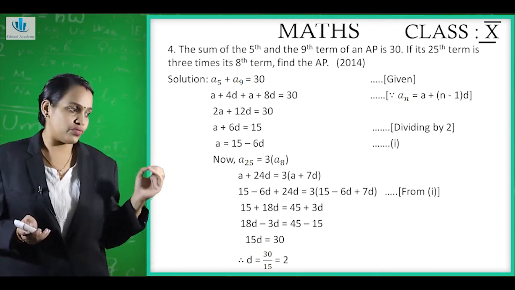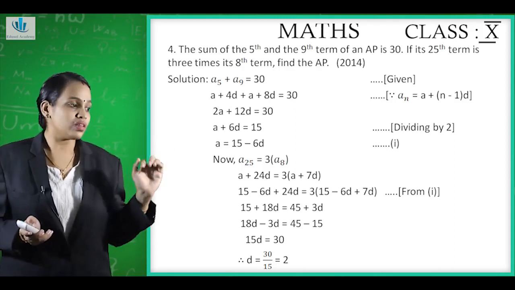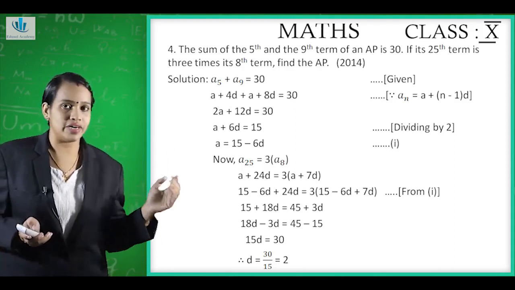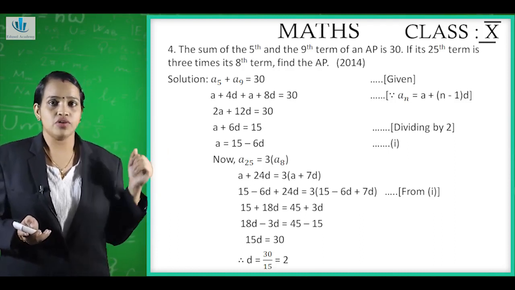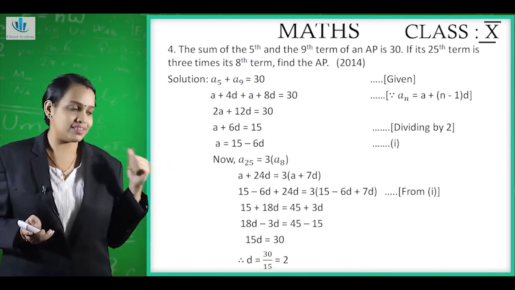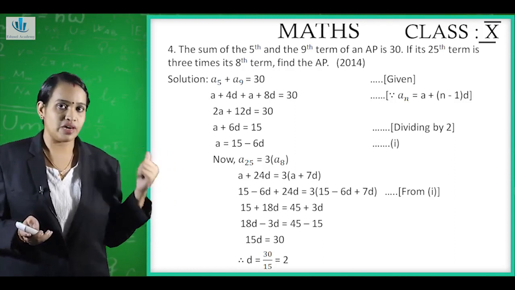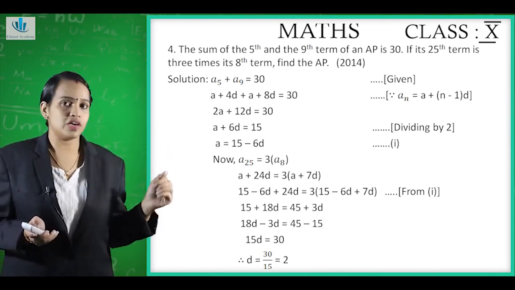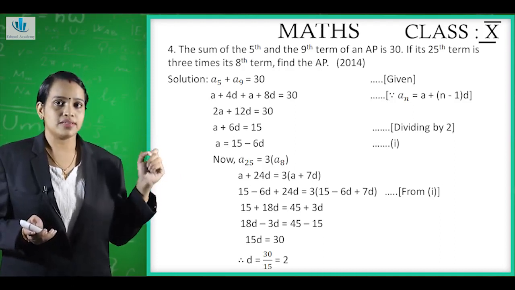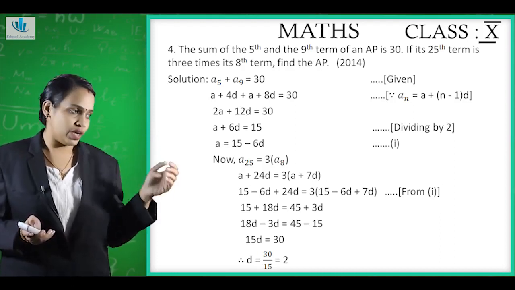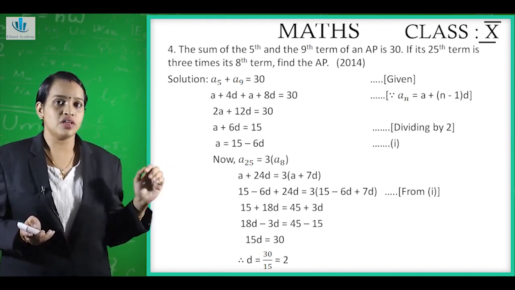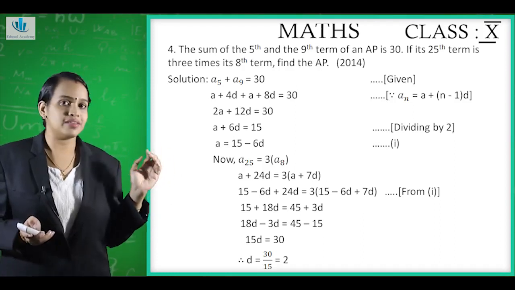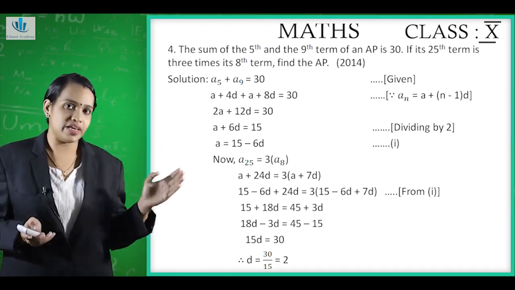A plus 24D is equal to 3 into (A plus 7D). Now we put the value of A from equation 1, because in equation 1 we have found the value of A. So it gives 15 minus 6D plus 24D is equal to 3 into (15 minus 6D plus 7D).